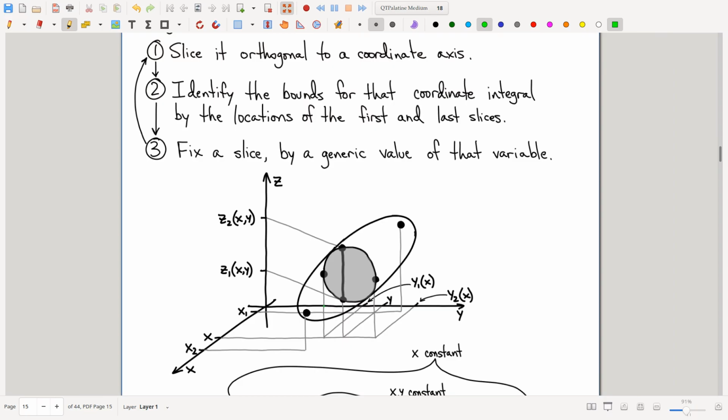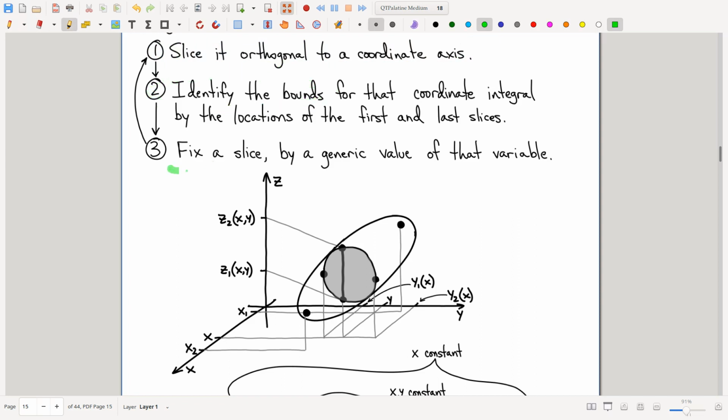So let's suppose we have a three-dimensional solid like this. We're going to go through the same process: pick an axis to slice perpendicular to. We'll identify the starting and the ending slices. Those will be our bounds for that integral.